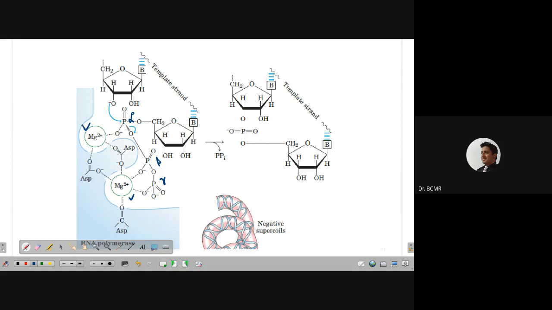The other magnesium ion, along with some other residues that are here, will activate the 3' OH, and that oxyanion will make a nucleophilic attack and form a phosphodiester bond like this. And this will be broken off, and these two phosphates will be released as pyrophosphate, which can further be broken down to release more energy. So the chemistry is the same.